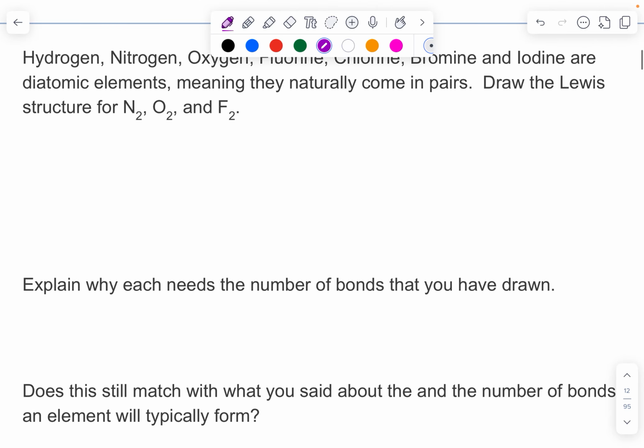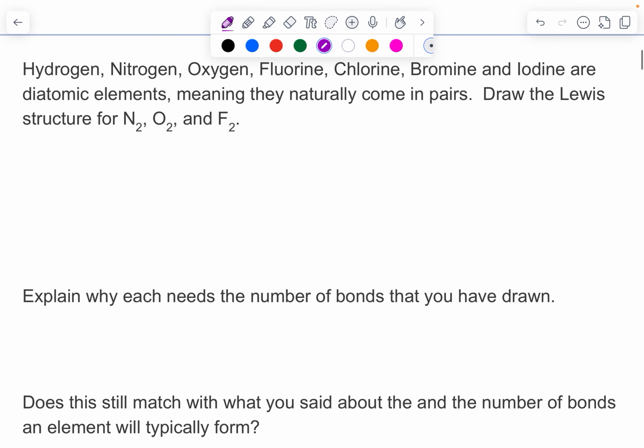All right. So let's move along to something a little bit more complicated. By Wednesday, we're going to get into the things that are more exceptions, and they're complicated such that we can't really rely perfectly on all these rules. So we're going to start by drawing some of the diatomic elements. You should know this from Chem 1.